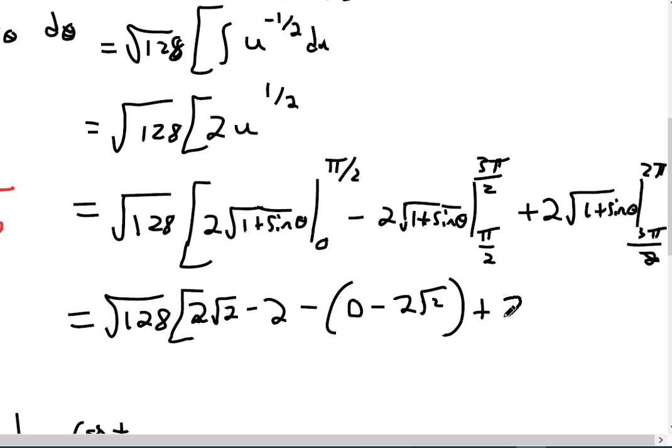And then for this last one, I got the 2 taken care of. Okay. And so this last one, if you plug in 2 pi, you get out 0 for sine. So 1 plus 0 makes 1. So this is 2 when we plug in 2 pi. And then if you plug in 3 pi over 2, that gives us 0.